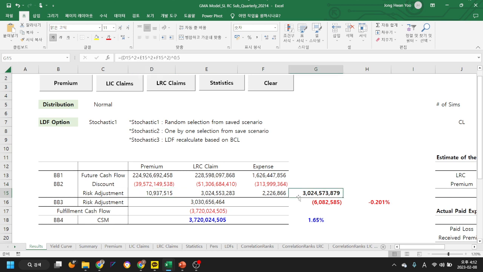And what if I apply the so-called famous square root rule? As you see, each one is squared, you add those up and get the square root of it. That is 3.024 billion.